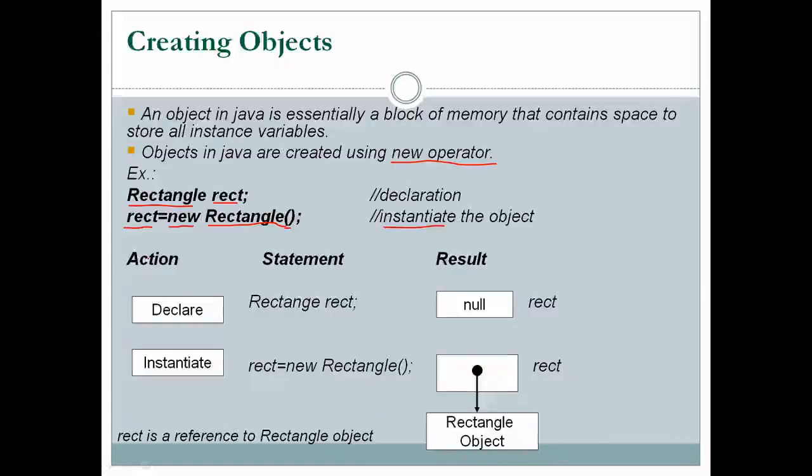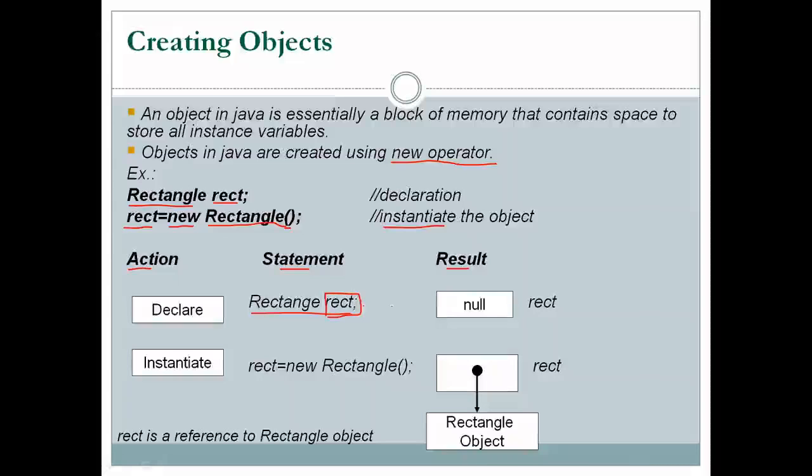The same thing has been demonstrated by using a diagram here. We have the action in the first section, then the Java statement, and the result of that statement. The first action is declaration. As we have seen in that example, the declaration is Rectangle rect. So we have declared an object of type class Rectangle.